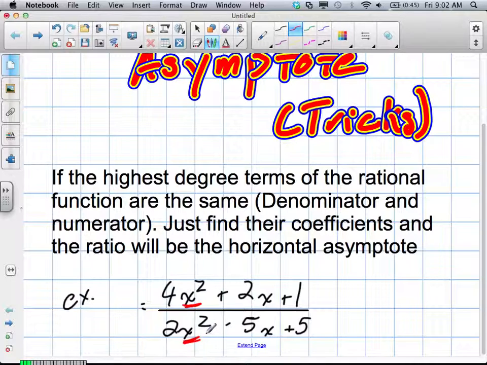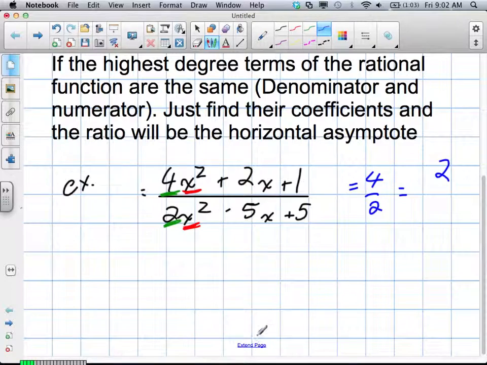So they are the same. So we look for the coefficients. The coefficients are the terms in front of them, and we find their ratio, and their ratio will give us the horizontal asymptote. So according to this trick, the ratio is 4 over 2, which means what's our horizontal asymptote? 2. Okay, let's test this.